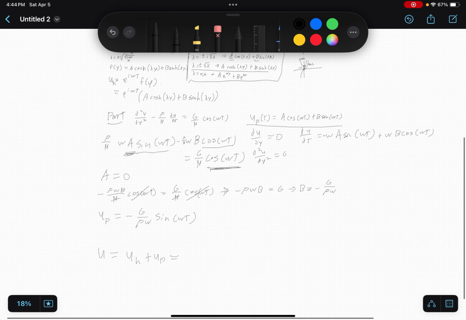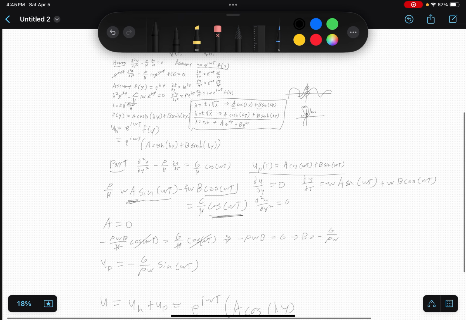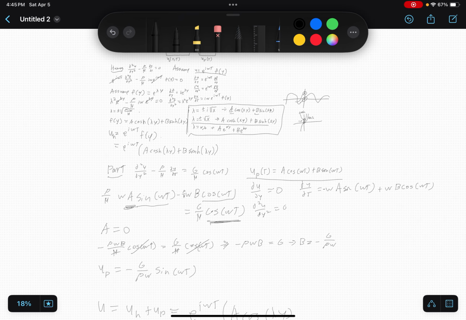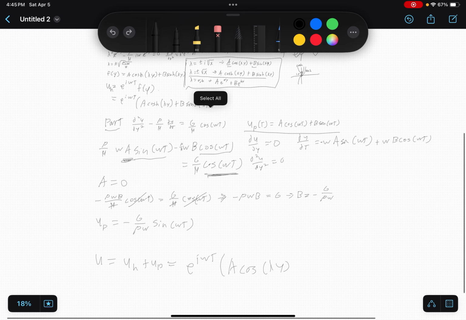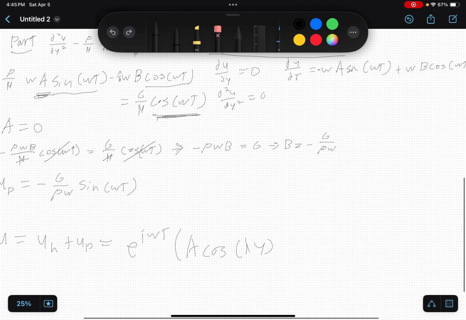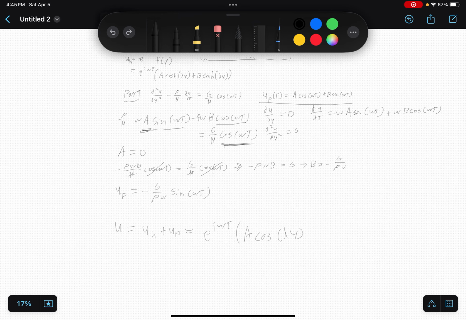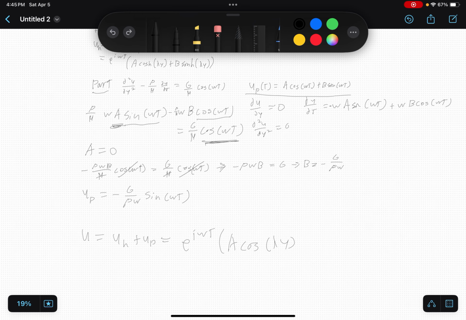And this equals e^(iwt) A cosine lambda y, and lambda equals this thing. And it's a number, probably. There's an i in there. I don't really know what to do with that, but I don't really care.